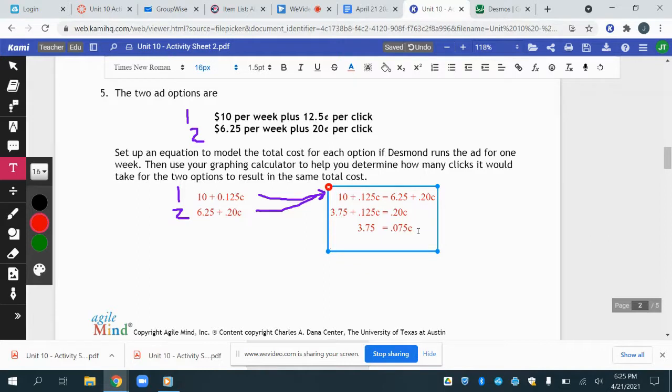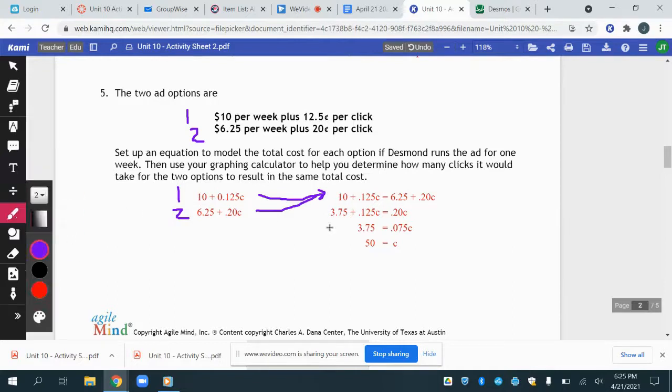I divide both sides by 0.075. I'm going to do that with a calculator because I'm just not quite fresh in my brain at the moment. So 375 divided by 0.075, that gives me 50. Wow, nice and pretty. That's the answer.